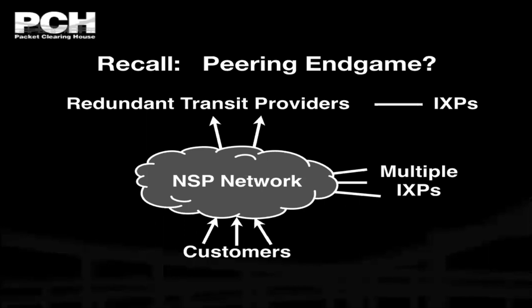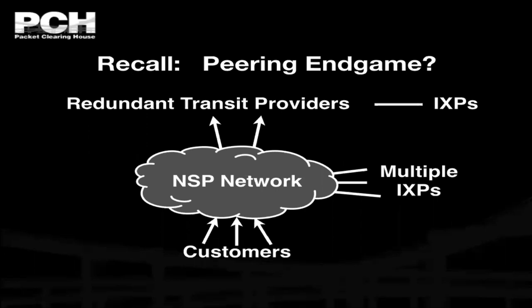So remember, our goal is we want to get to this kind of environment. We want to get to an environment where we have redundant transit providers in our ecosystem, where our economy has networks that run lots and lots of network service providers. The network service providers are servicing ISPs, maybe dozens of ISPs under them.